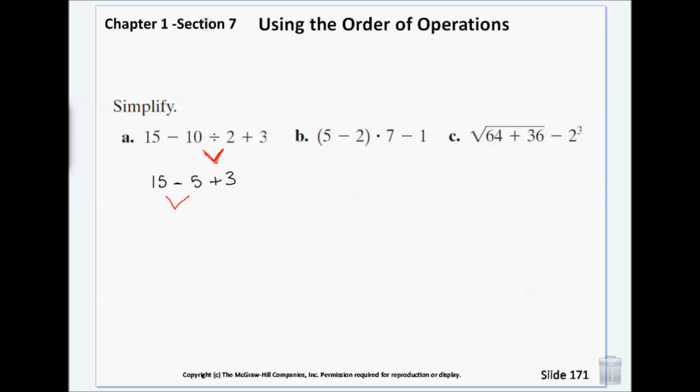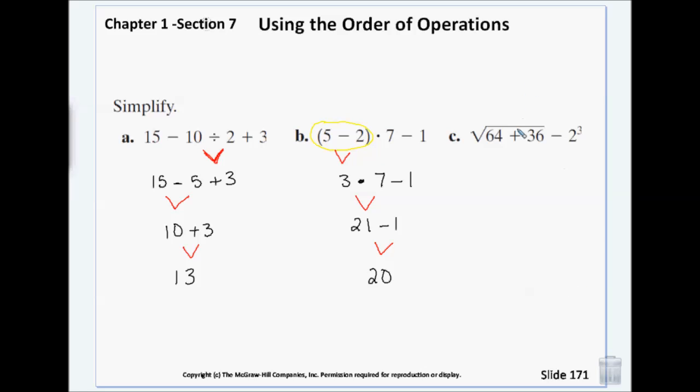And then 15 minus 5 is 10 plus 3. And then 10 plus 3 is 13. Okay, and then 3 times 7 is 21 minus 1, and then 21 minus 1 is 20. Okay.